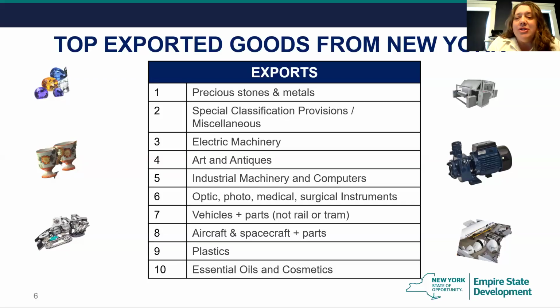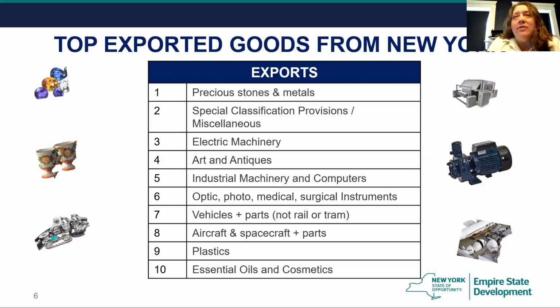In addition, precious stones and metals and arts and antiquities are also up there, again, because this is all by dollar value, and those are high dollar value items. So because we're a port state and we have a mature market and we have a lot of museums and jewelry and other kinds of industries in our state, we do see that a lot of our products and services that we export are in that category.